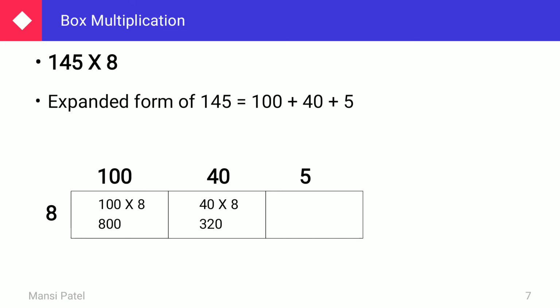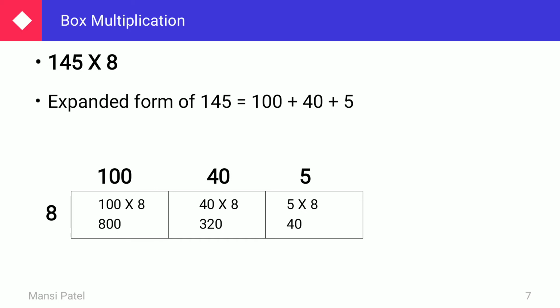Now in the last box we have to do the multiplication of 8 and 5. So 8 5s are 40.